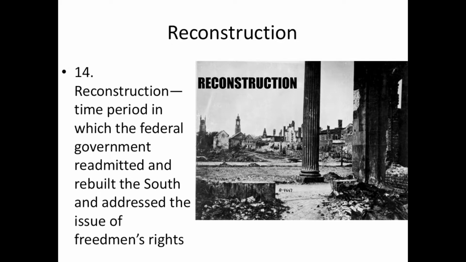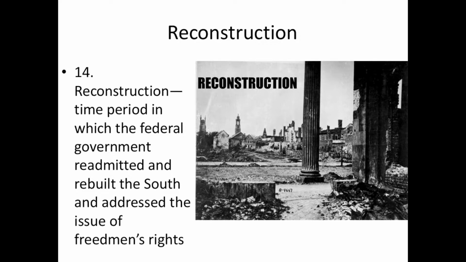After the Civil War is over, you're going to have to find a way to get over the Civil War, to kind of bring the country back together. And what this time period will be called is Reconstruction. So, during the period of Reconstruction, all of these southern states that have now seceded, they have lost, they did not gain their independence.